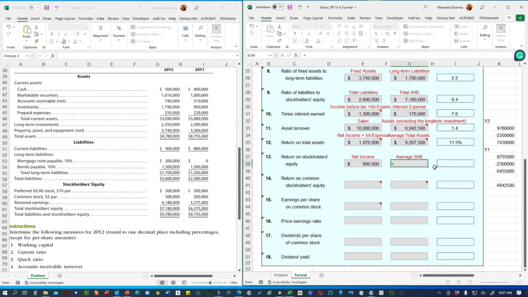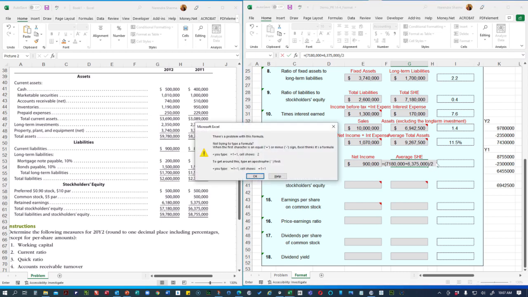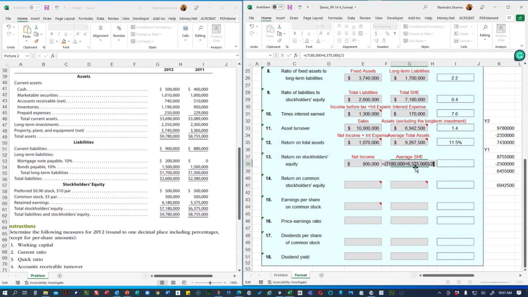So equal to parenthesis 7,180,000 plus 6,375,000 divided by 2. I think I may have typed the comma, so that's why Excel is angry with me.